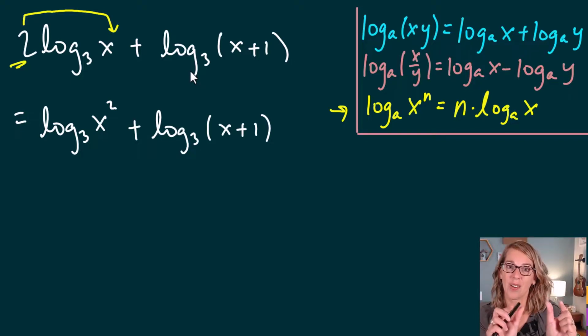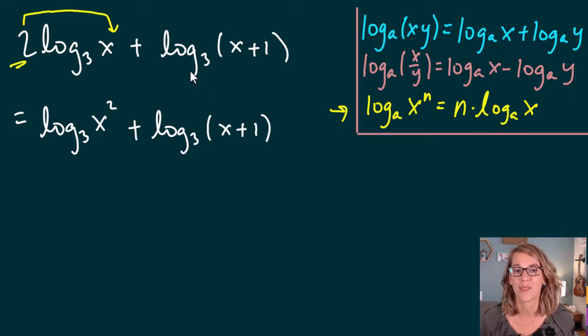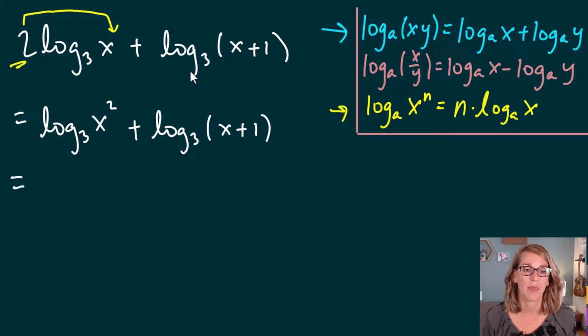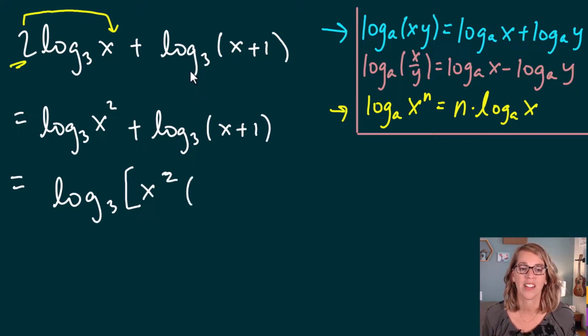Now that I've got the log base 3's by themselves, nothing multiplied out in front, I can go ahead and use my first property. This is a sum of logarithms, so I can combine it into a single logarithm of their product. So we end up, as we apply that property, log base 3 of, I'm going to multiply those values together, x squared times x plus 1.